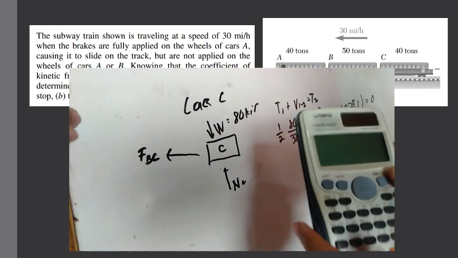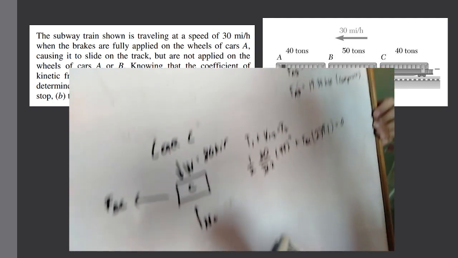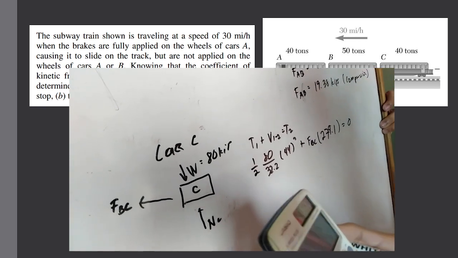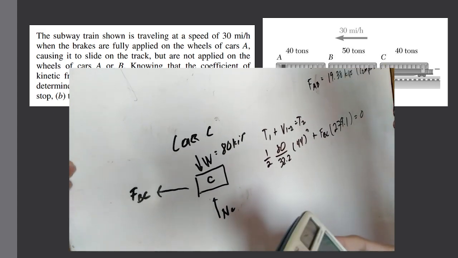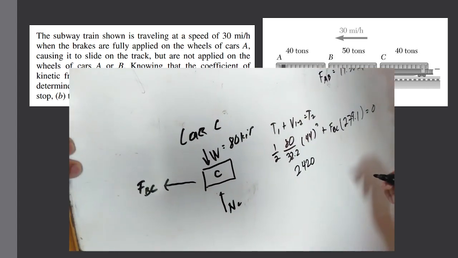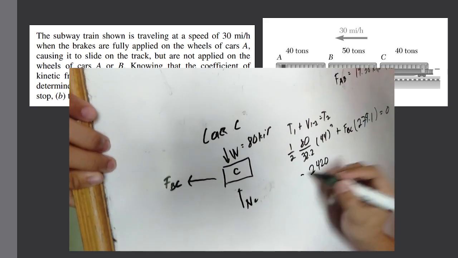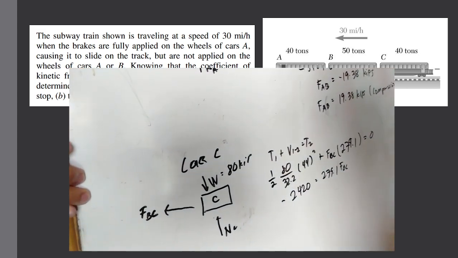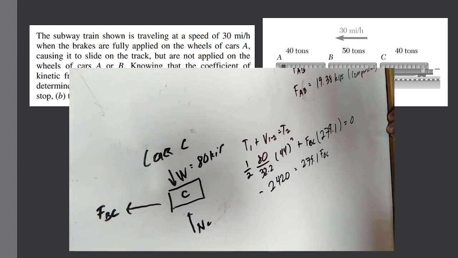So, let's plug into the calculator. We have 1/2 times 80 over 32.2 times 44 squared. We have 2,420. Since this is positive, we need to transpose it, so let's make this negative. Negative 2,420 equals 279.1 FBC. Divide this by 279.1.